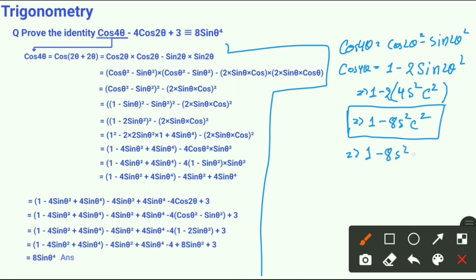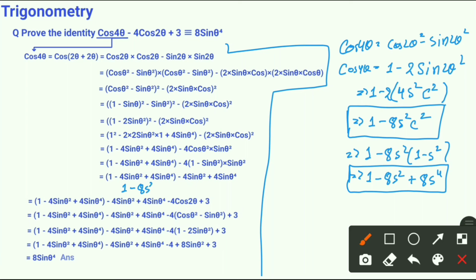Then 1 minus 8 sine square (1 minus sine square), so 1 minus 8 sine square plus 8 sine to the fourth. Okay, here you go. There we have found this.